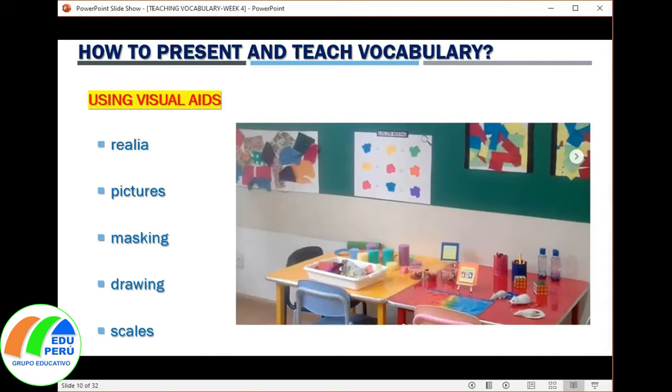Pictures, as you can see here, you have some pictures. Masking, when you use masks. For example, you use this when you teach emotions, feelings, and you use your masks or faces. Drawings, you could draw, and also the scales. I'm going to show you some other ones here.